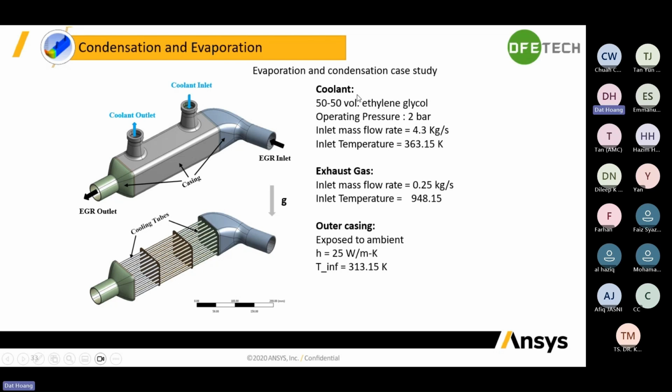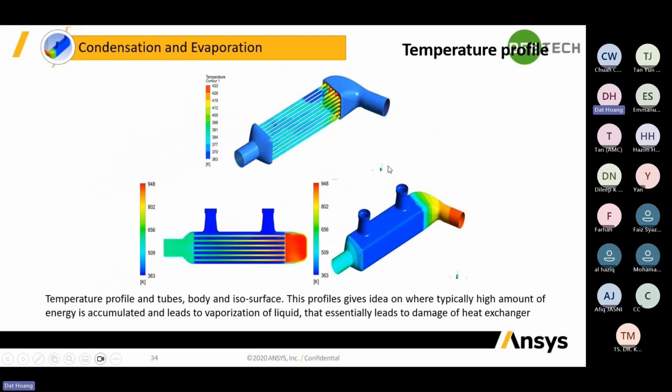The cooling agent is ethylene glycol, and we try to capture the evaporation and condensation phenomena happening inside with this material. And here is some example. For example, we can capture the temperature happening inside correctly.